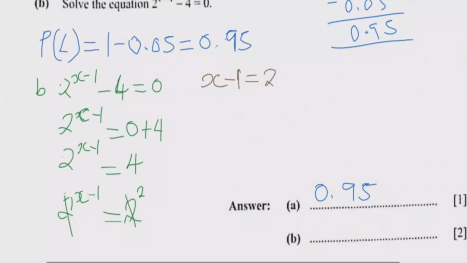Now we can put like terms together. It means x is equal to 2, then negative 1 will cross the equal sign and become positive 1. Then x is equal to 2 plus 1, which gives us 3. So the value of x is equal to 3.